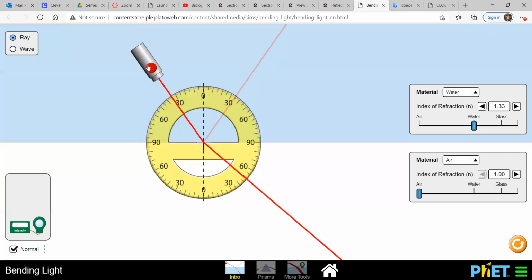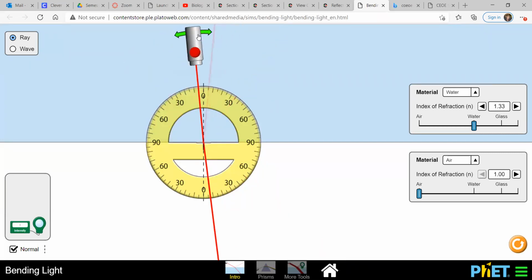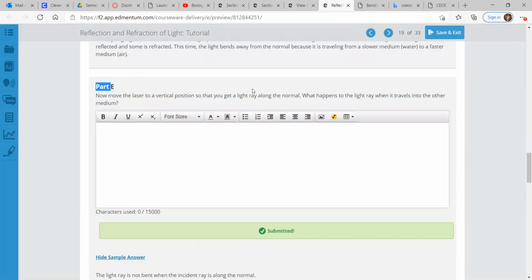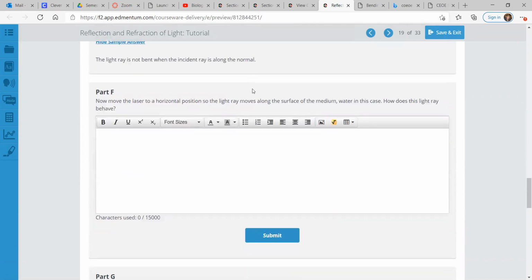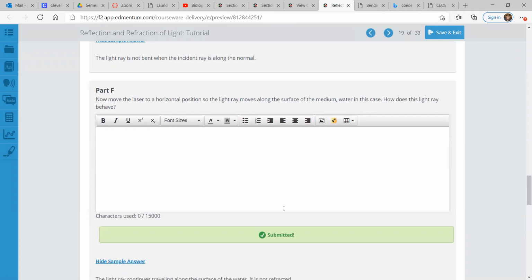Let's see what happens when we just put it straight on. The light ray is not bent when the incident ray is along the normal. Now move it to the horizontal position.